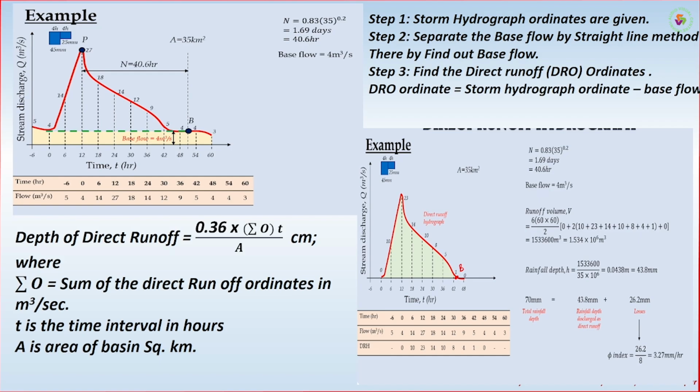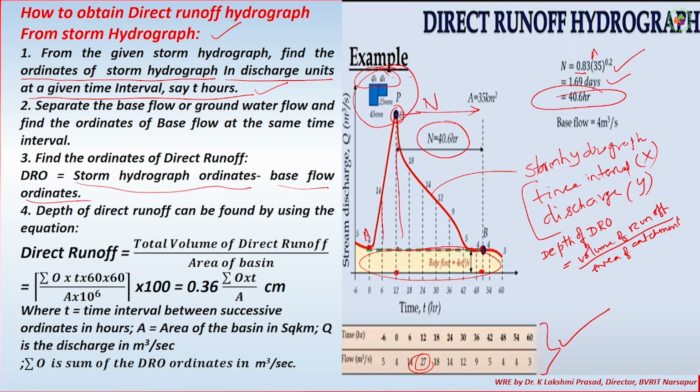So how to calculate the volume of the runoff? You can take any method. All these direct runoff ordinates, you take and sum them up; that is what I have written, sigma O.